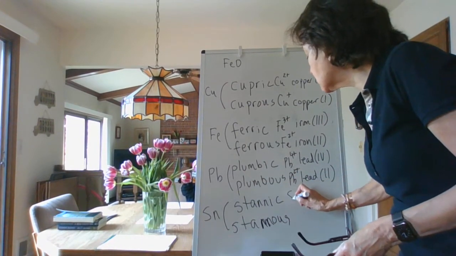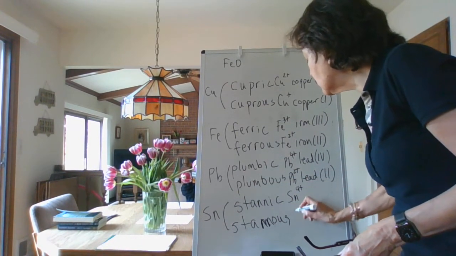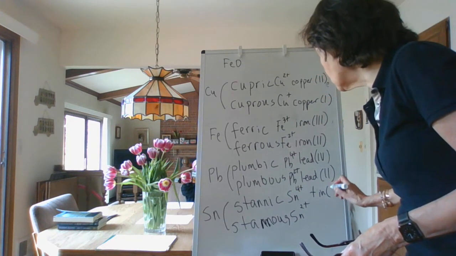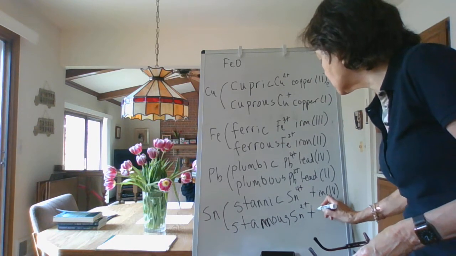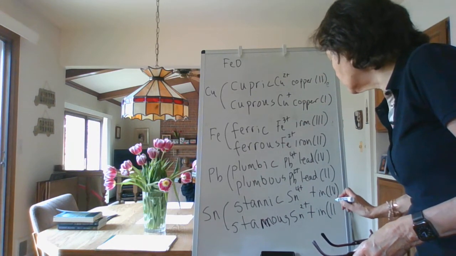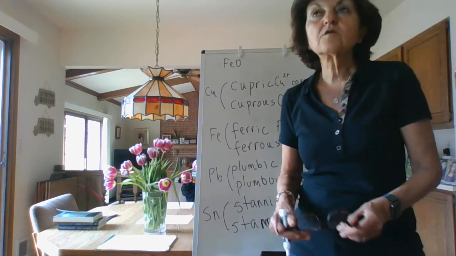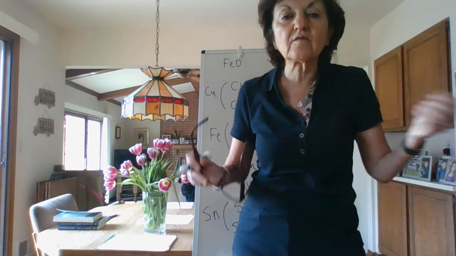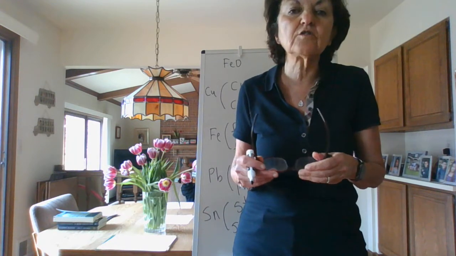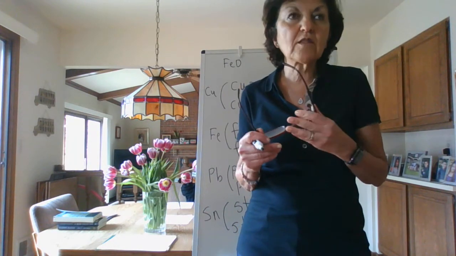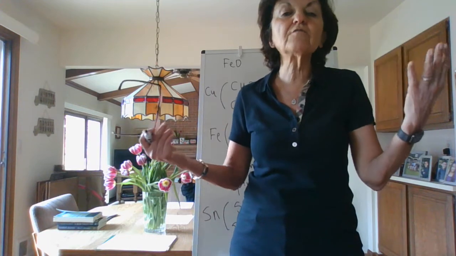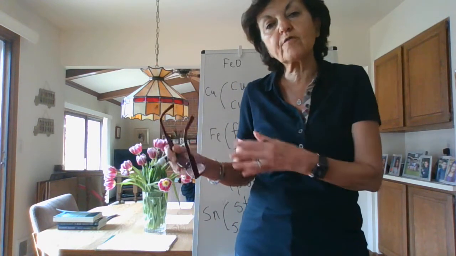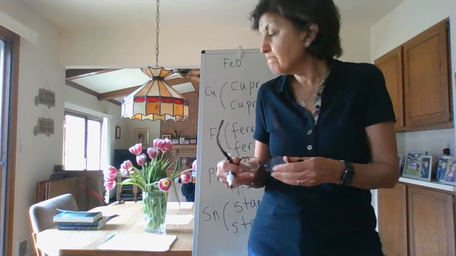So this is Sn4+, and this is Sn2+. This is tin, Roman numeral 4, and this is tin, Roman numeral 2. Okay, so when we're doing the nomenclature quiz, you need to know this terminology, the -ic, -ous terminology. If I tell you to write the formula of plumbic sulfide, what is plumbic sulfide? That would be lead Roman numeral 4 sulfide. Okay, good.